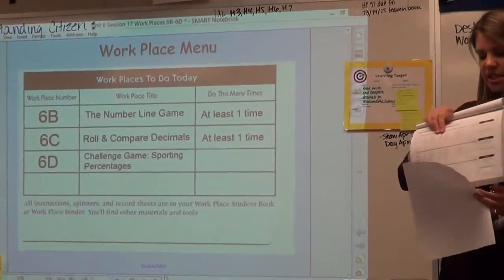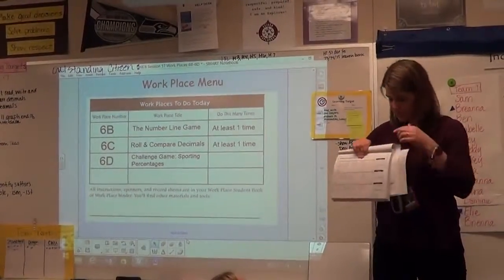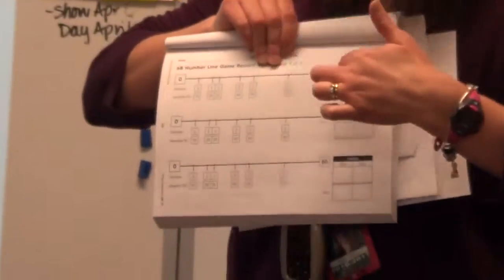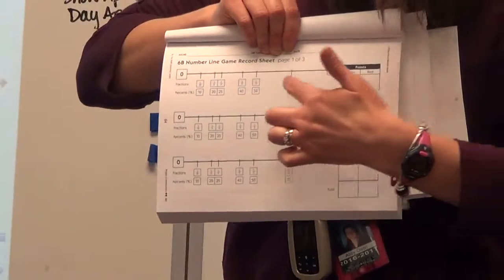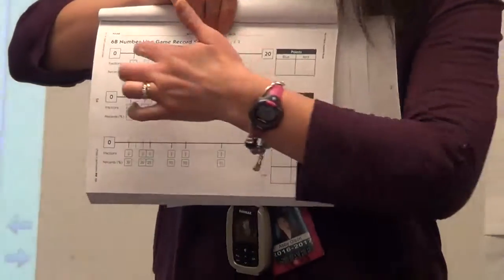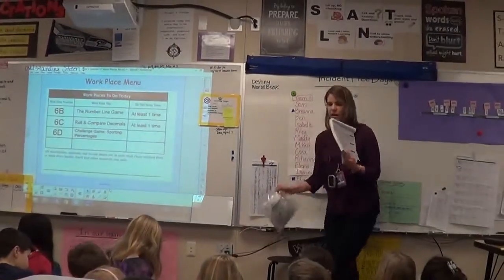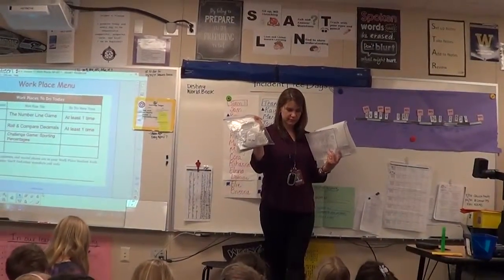Remember, it changes the whole. So 20 is 100%, and then 40 is 100%. So 50% of 20 would be 10, and you're looking for those whole numbers. The cards are right up here. Okay?